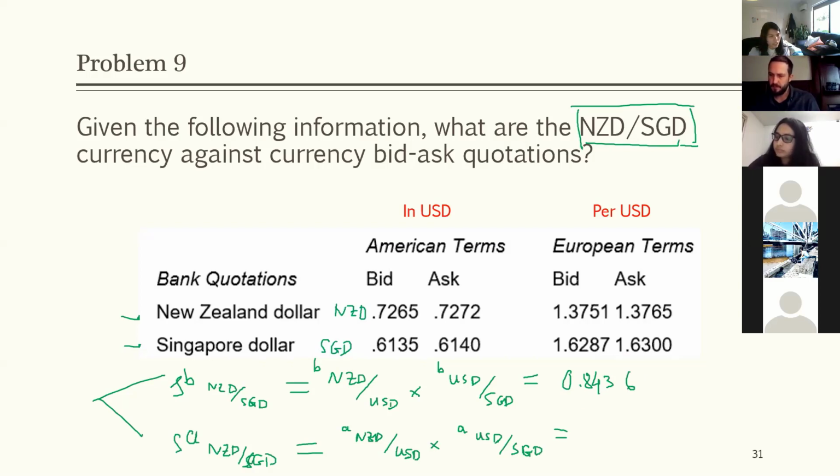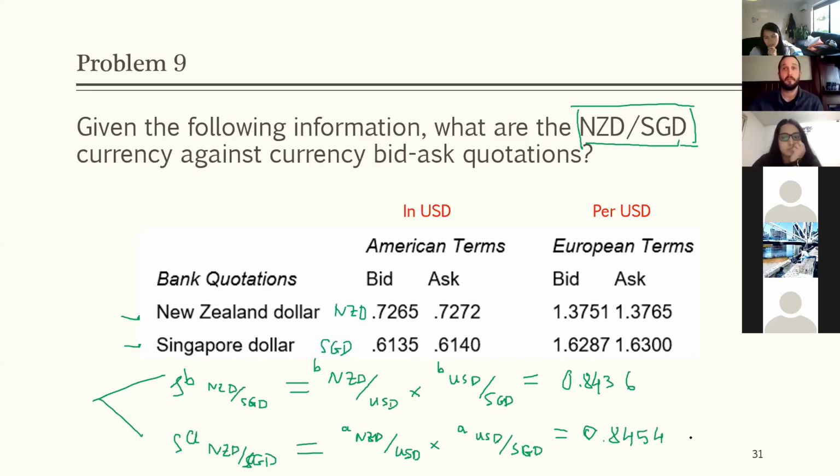Thank you. What about the ask rate? That's 1.854. I think you got it the other way. It should be 0.84 something. Oh, 0.8452. Exactly, right. So this is correct.